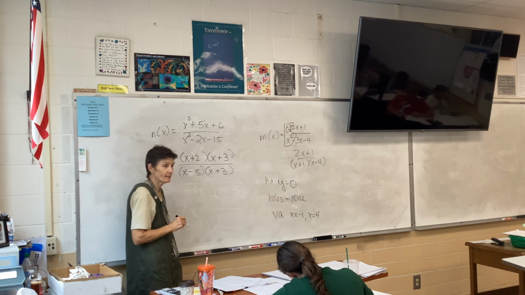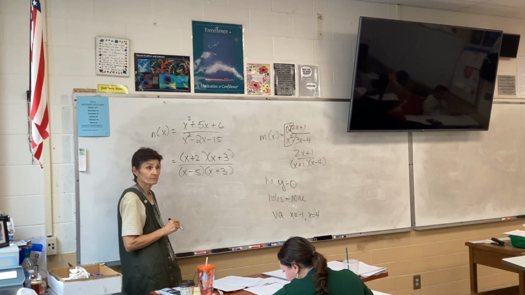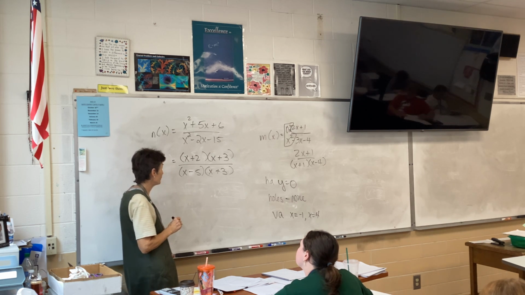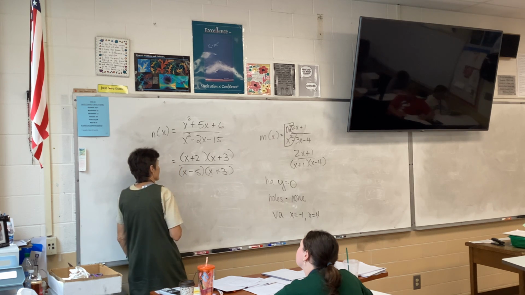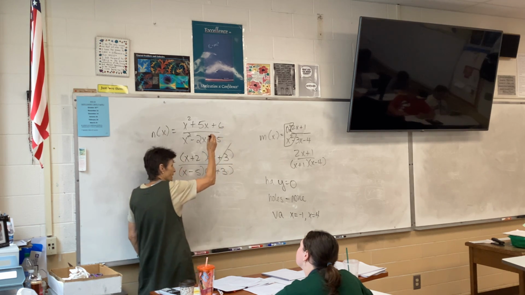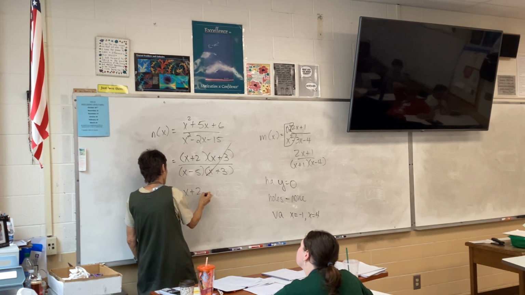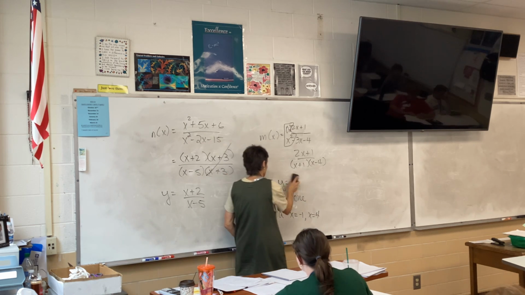Are we gonna affirm him? He caught himself. Very natural thing to guess wrong. But he caught himself and fixed it. Very good. All right, what do we notice? Can't we cancel? Which means this one is going to have a hole.